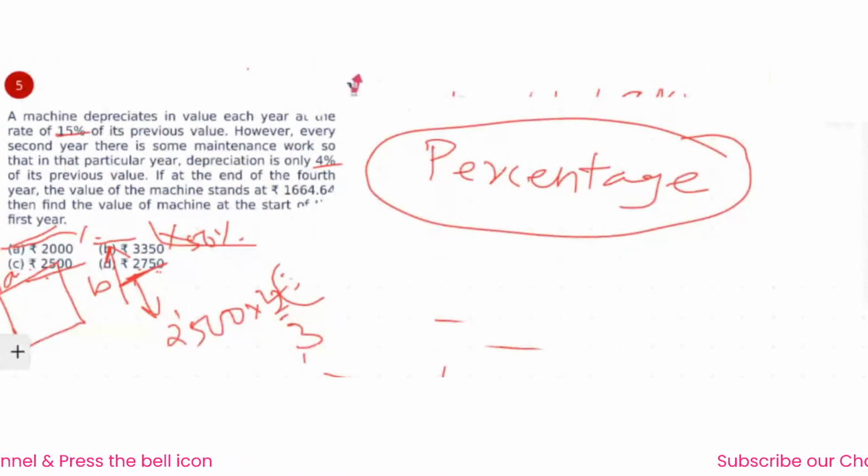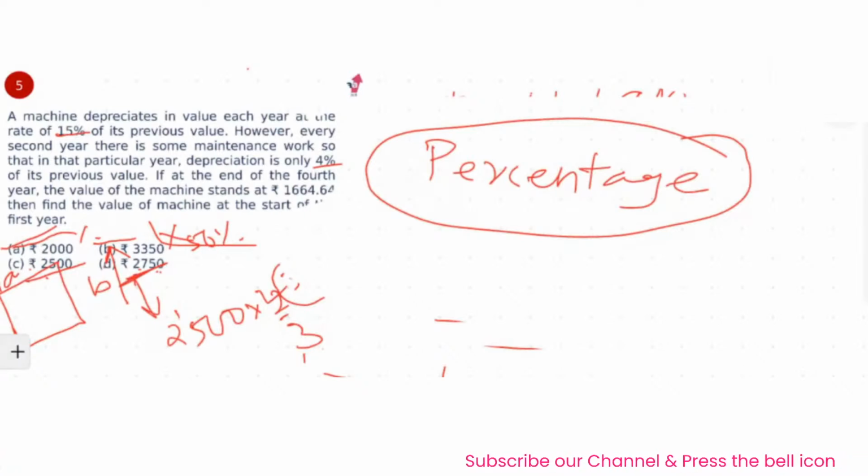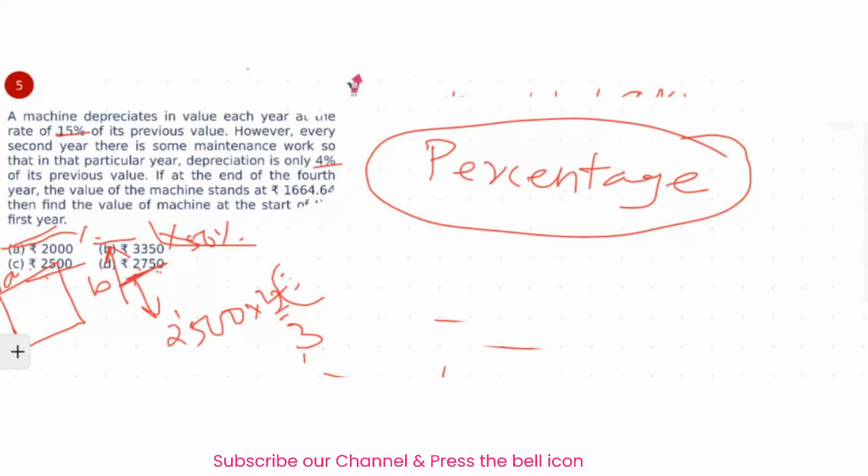Because I am good with my aptitude, I have done this, but you might be having some doubts about this. Sharmin Maner, I would explain this problem in my session of percentage again so that you will be able to understand this. Probably you might have understood these five problems.